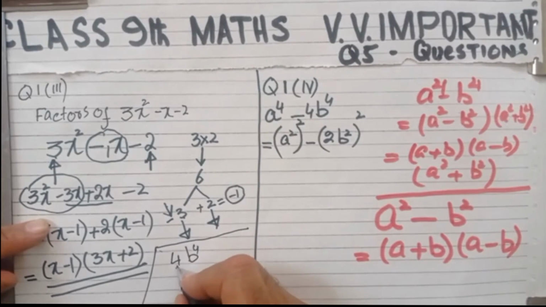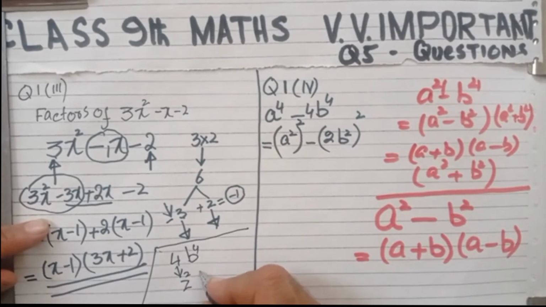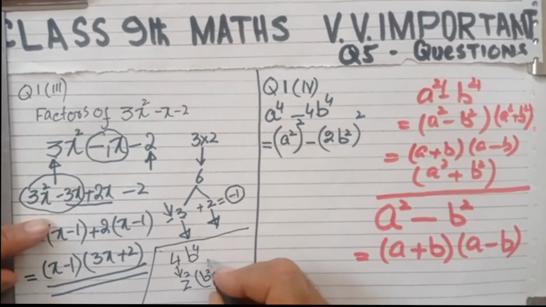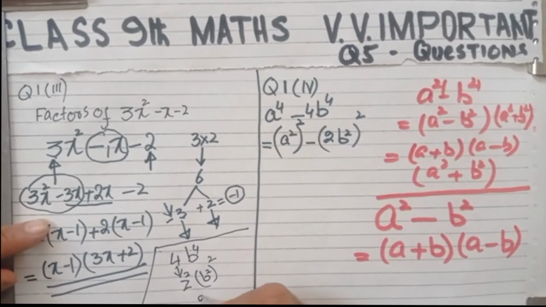So instead of 4 I can write 2 square, and that is b square and whole square. So finally I can write 2b square whole square.